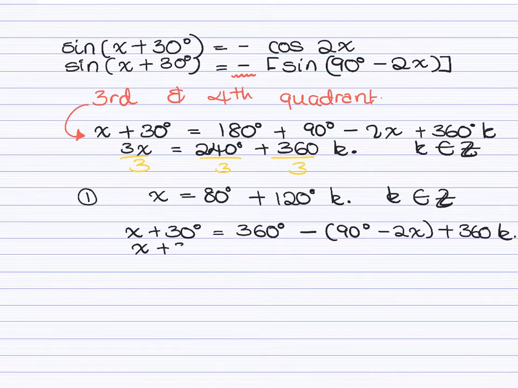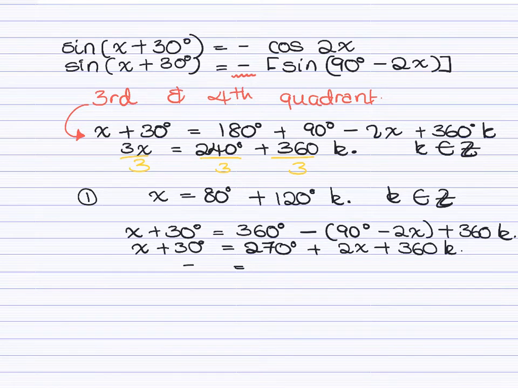Again, you want to simplify. You end up with 270 degrees plus 2x plus 360k. Now in the next step, I'm isolating or making x the subject of the formula.